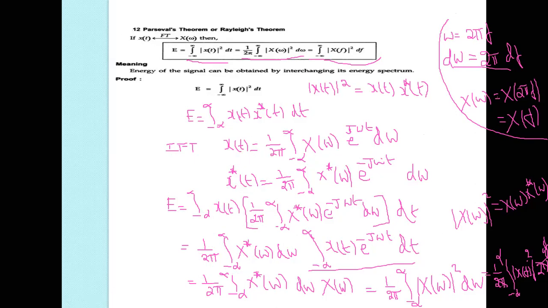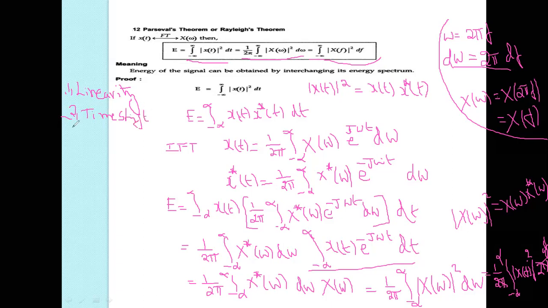Okay, so what are the 12 properties? Once again, I'll recall all the properties. The first property, linearity property. And the second one is time shift property.